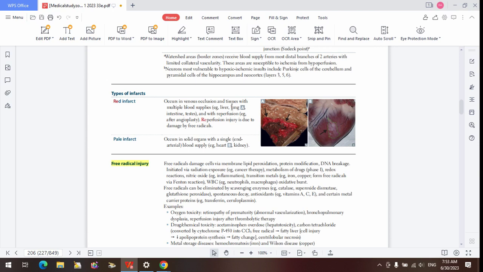Any tissue that is already infarcted, the mitochondrion there will be dysfunctional. We've talked about mitochondrial changes in irreversible and reversible cell injury. If you remember, in oxidative phosphorylation, we transfer electrons to oxygen through the electron transport chain so that we can reduce it to water.